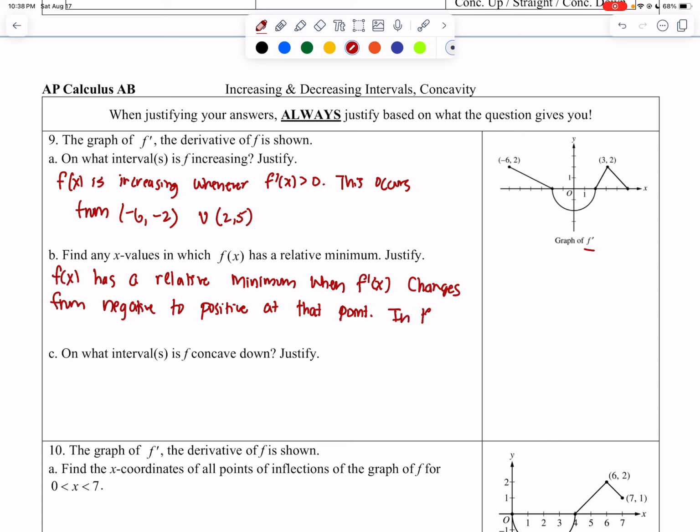In this case, we could see that we change from negative to positive at x is equal to 2. So we know that x is equal to 2 is going to be our relative minimum.